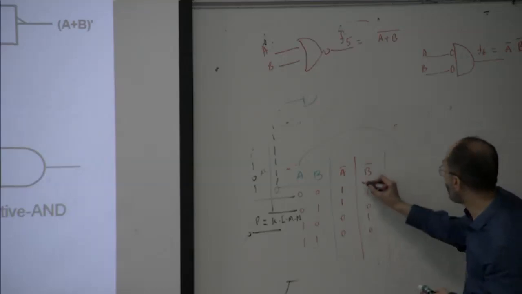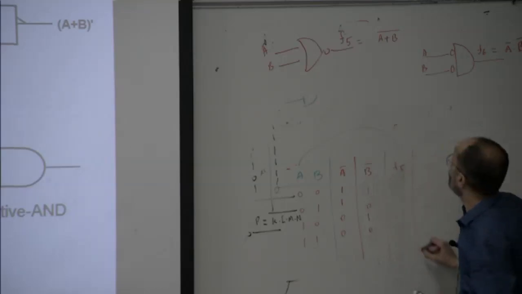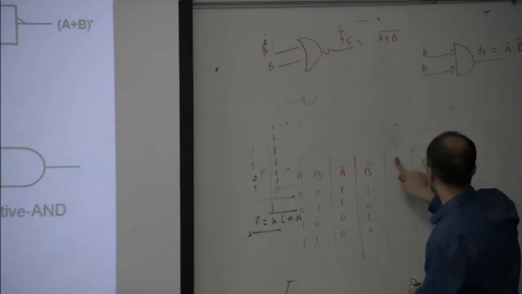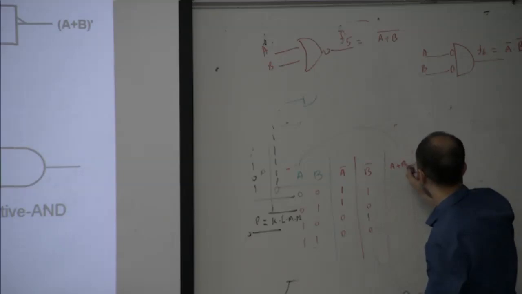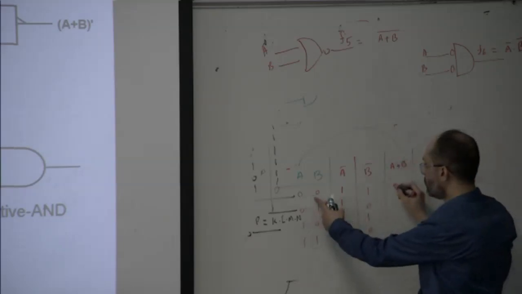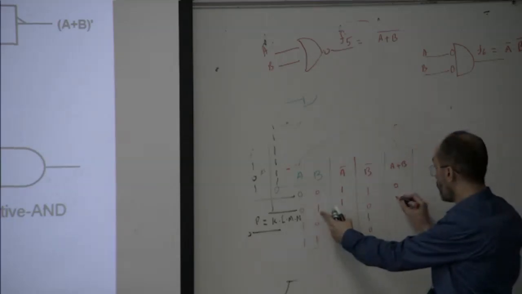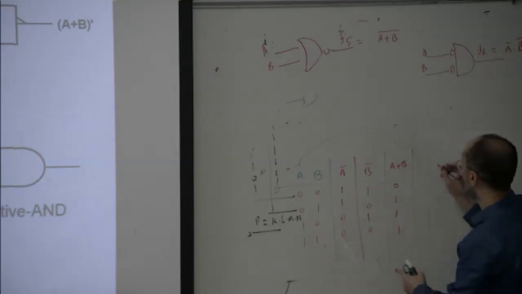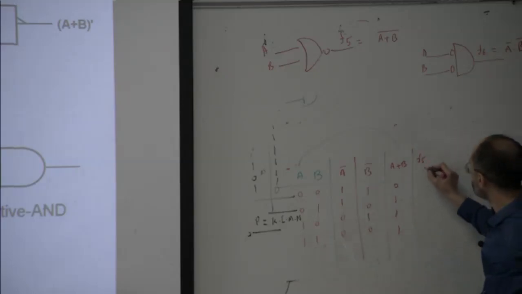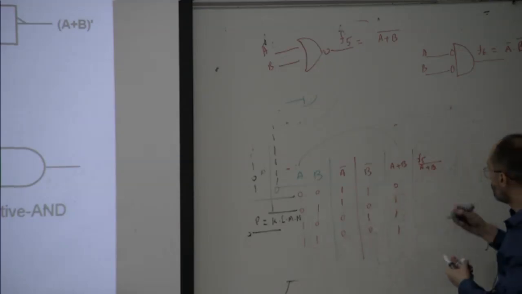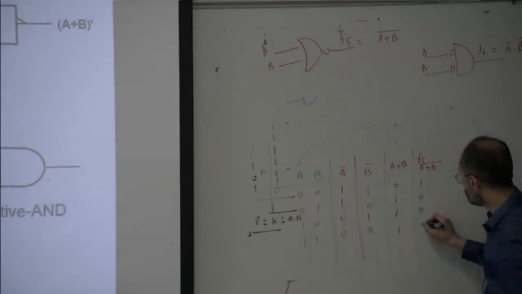Now we want to compute F5, which is A plus B, the OR of A and B: 0 1 1 1. We want to invert this. What will be the output? 1 0 0 0.